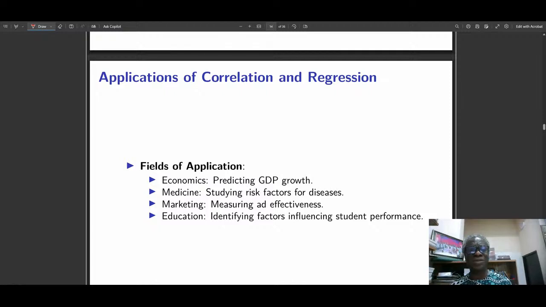In education, correlation and regression are also very important to understand factors that influence student performance. So both are indispensable tools across disciplines in engineering, botany, microbiology, social sciences, even in arts.